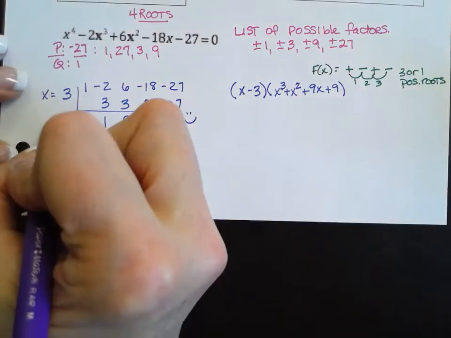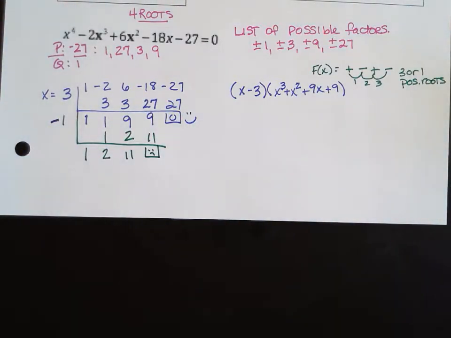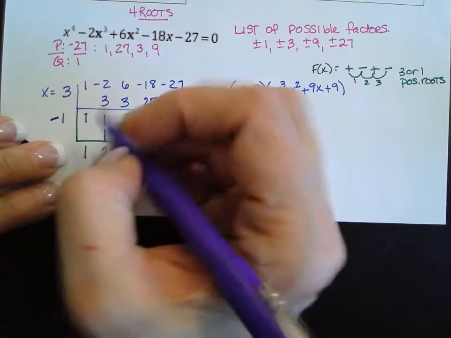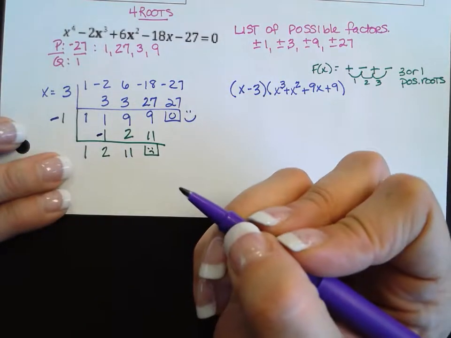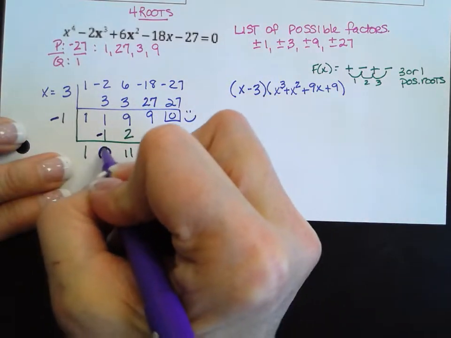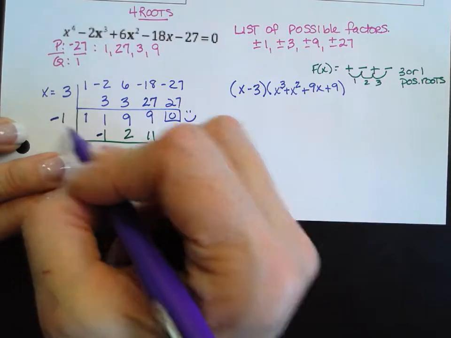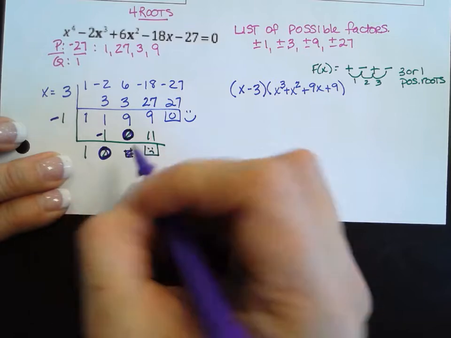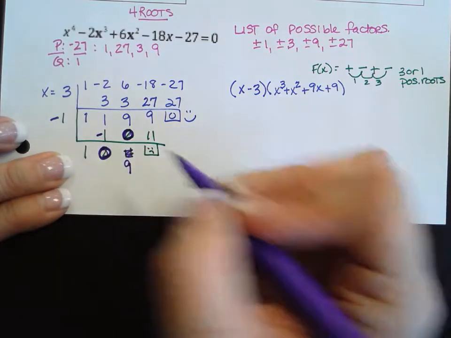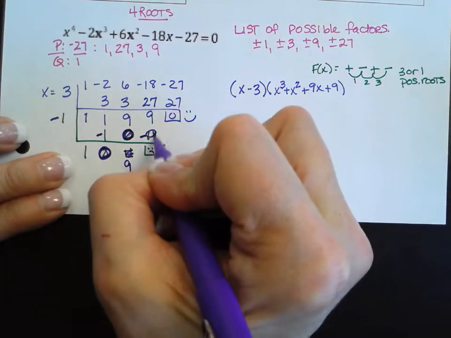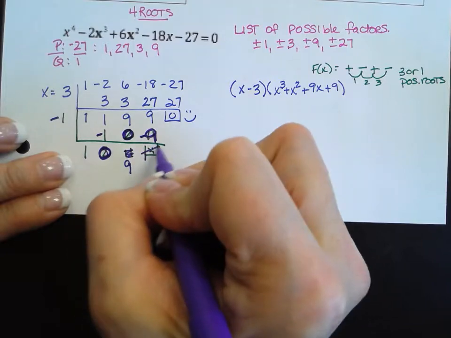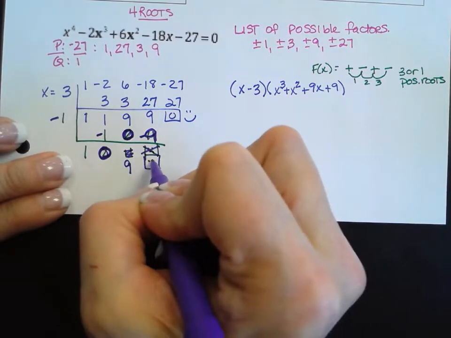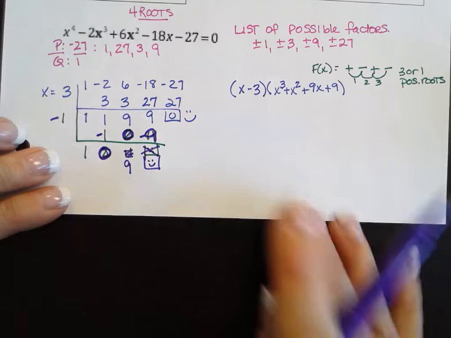But hey, what about -1? Because -1 times -1 gives me 1. That'll give me 0. -1 times 0 gives me 0, which gives me 9, which gives me -9, which turns this into a happy face.